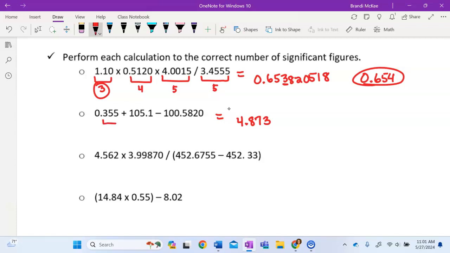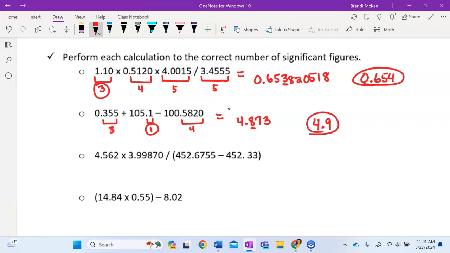So the first number has 3 after the decimal. The second one has 1 after the decimal. And the last one has 4. Again, we are limited by our worst measurement or our least precise measurement. So we can only have one number after the decimal. So that's going to be that place. There's a 7 after the 8, so it's going to round it up to 4.9.